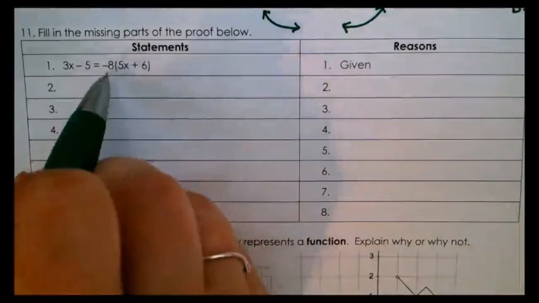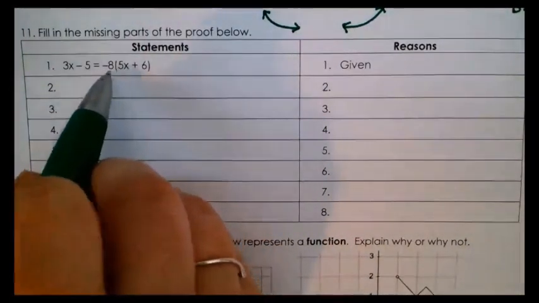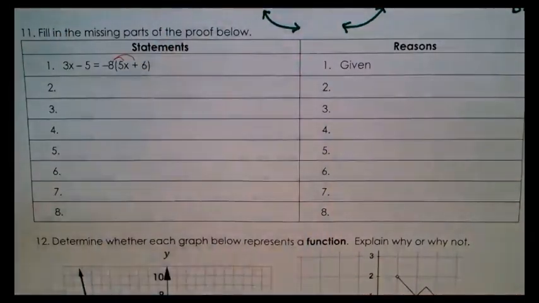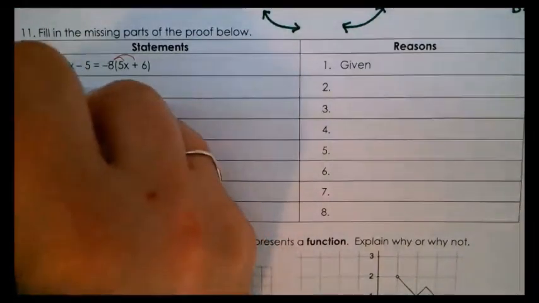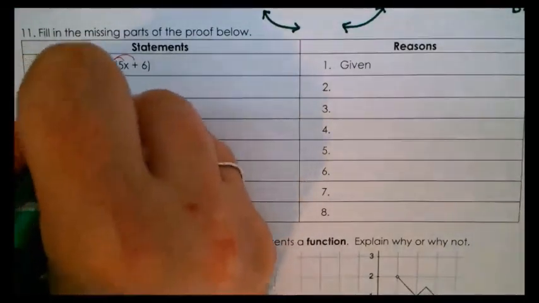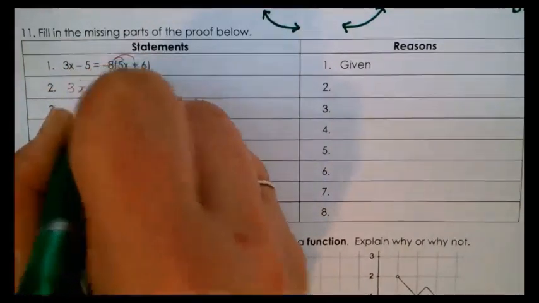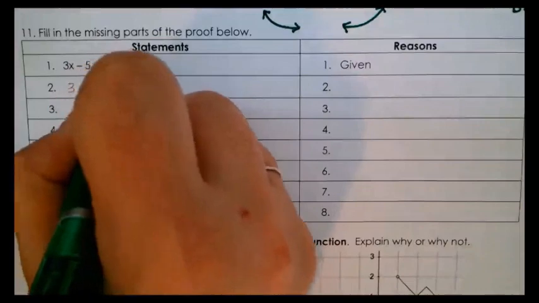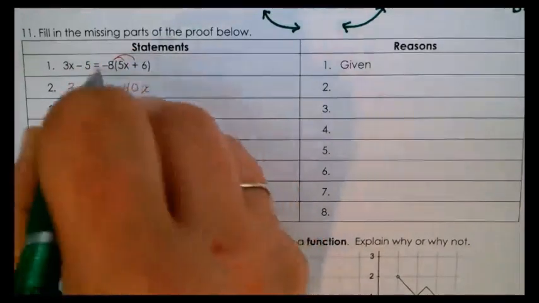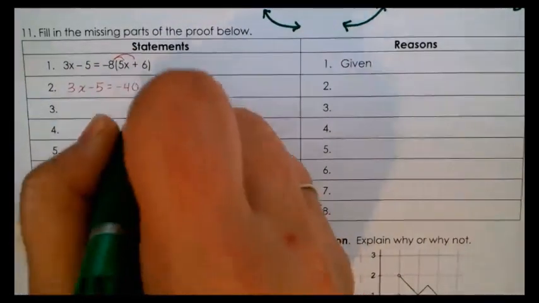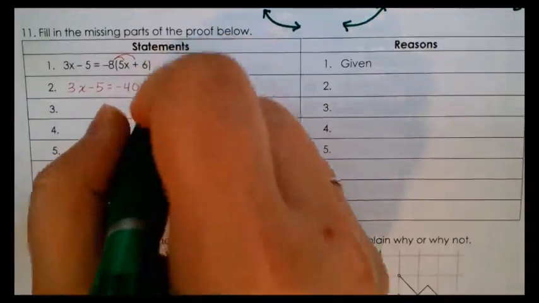So what we would do is take the -8 and distribute it to both terms. Now you have to know that language, distribute. So once we distribute, we're going to have 3x minus 5 equals -8 times 5 is -40x, -8 times +6 is -48.